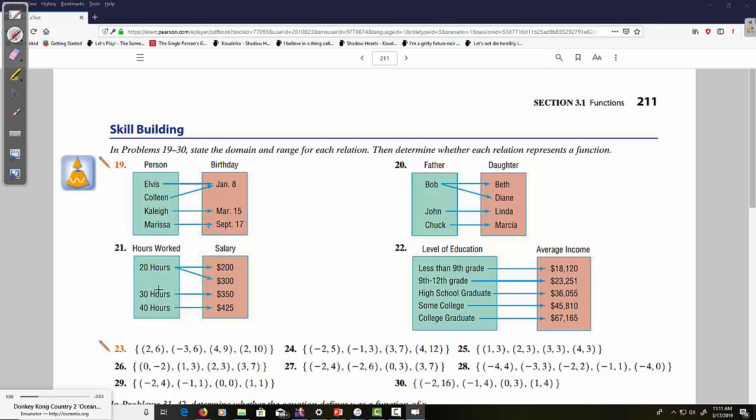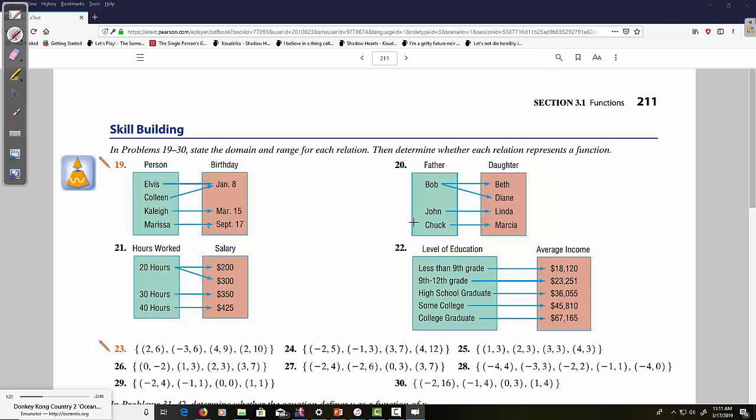Here in 21, you can examine whether this is a function or not, but it is not because 20 hours actually has 2 outputs. It goes to 200 and 300.